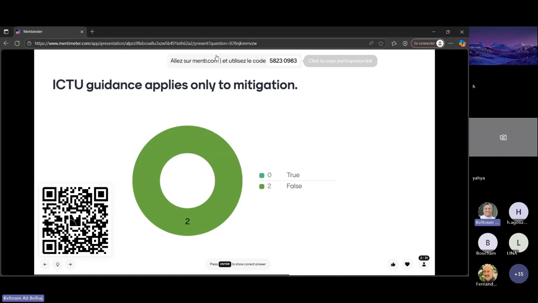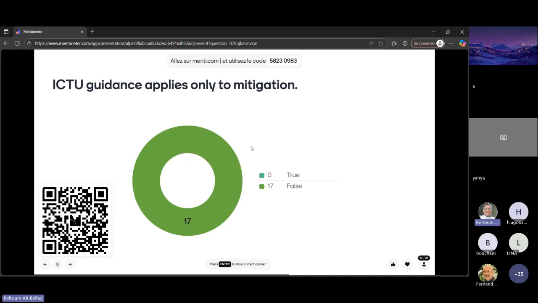ICTU guidance applies only to mitigation. Is it true or false? We have 15, 16, 17, good answers. It's false.